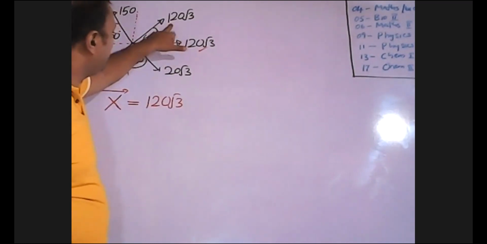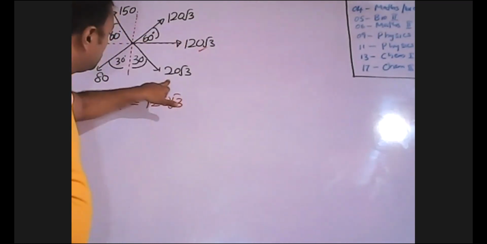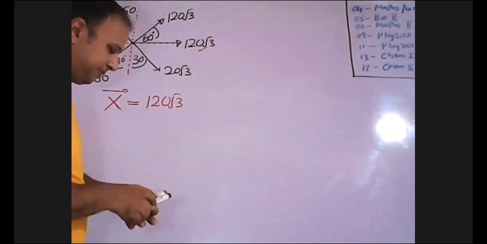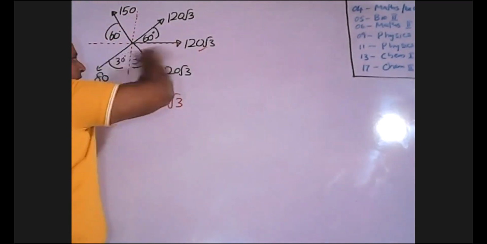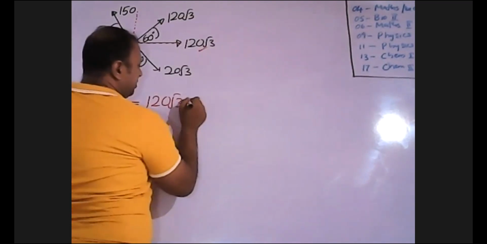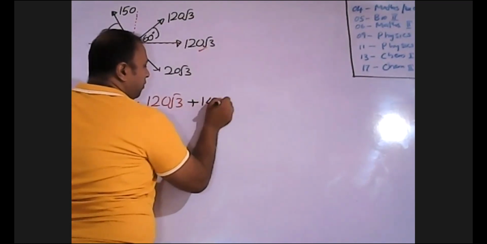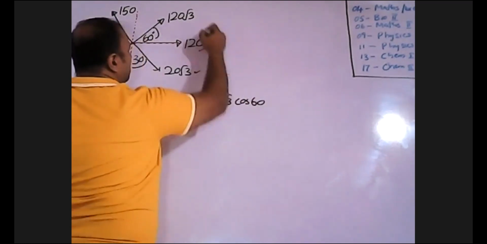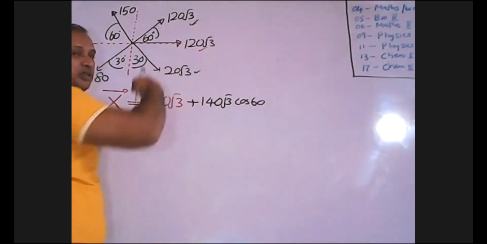That means 120 plus 20, 140 root 3 cos 60, both are in positive direction. Now I have taken all these three factors.